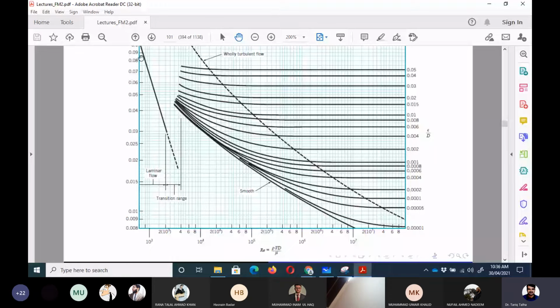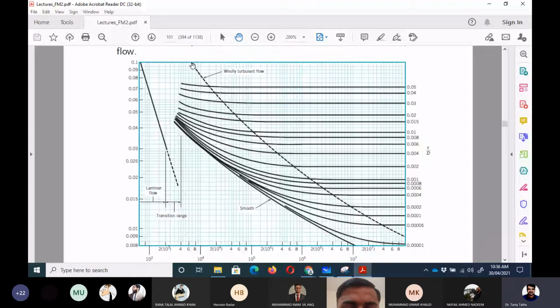One thing I also want to discuss here is this slanted dotted line on the right hand side. After this line, you see that the curves almost become horizontal. It means that after this point, friction factor is only a function of surface roughness. That is, no more Reynolds number dependence, because that becomes a horizontal line.